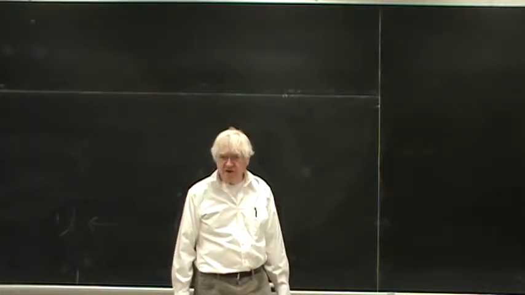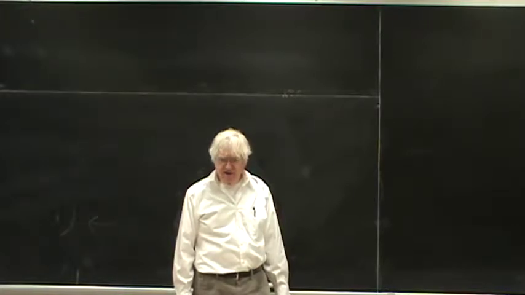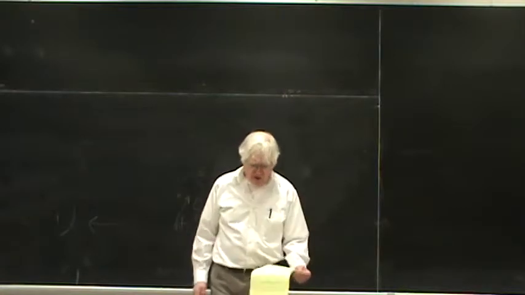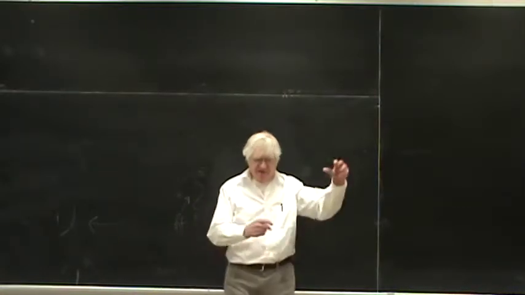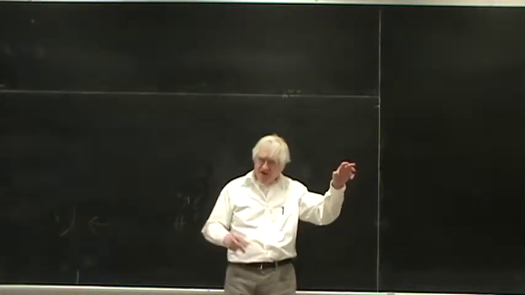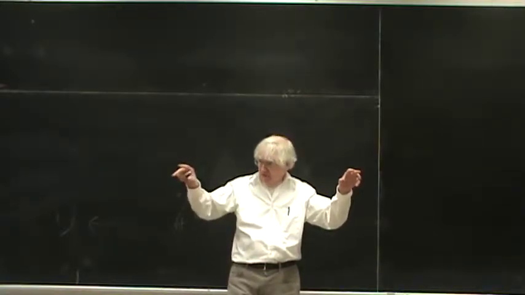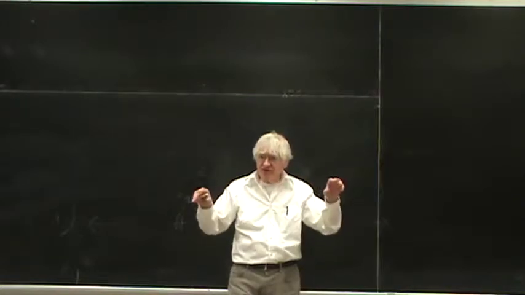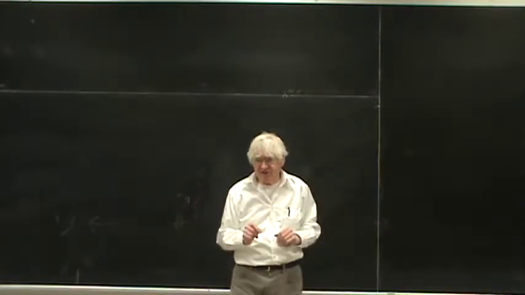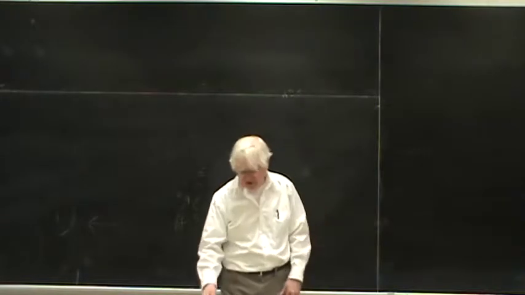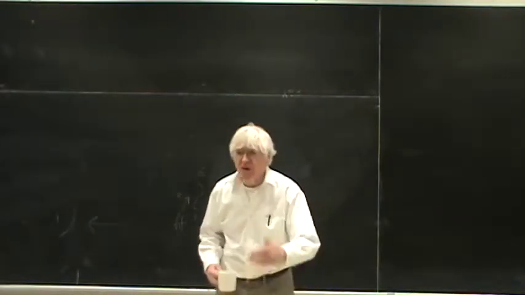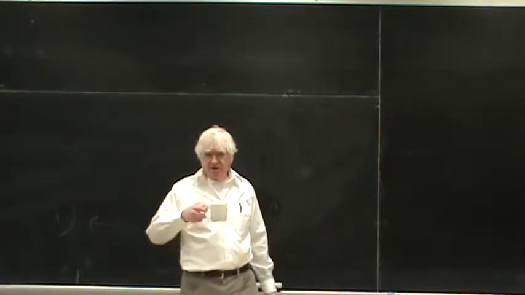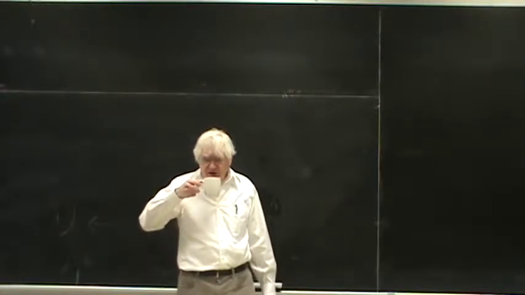What we can do, though, is use our theory to compute how something would be at one energy if we measure it at another energy. So we can predict how it changes with energy. Not what it is at any particular energy, but how it changes with energy. And presumably with other parameters of the theory.